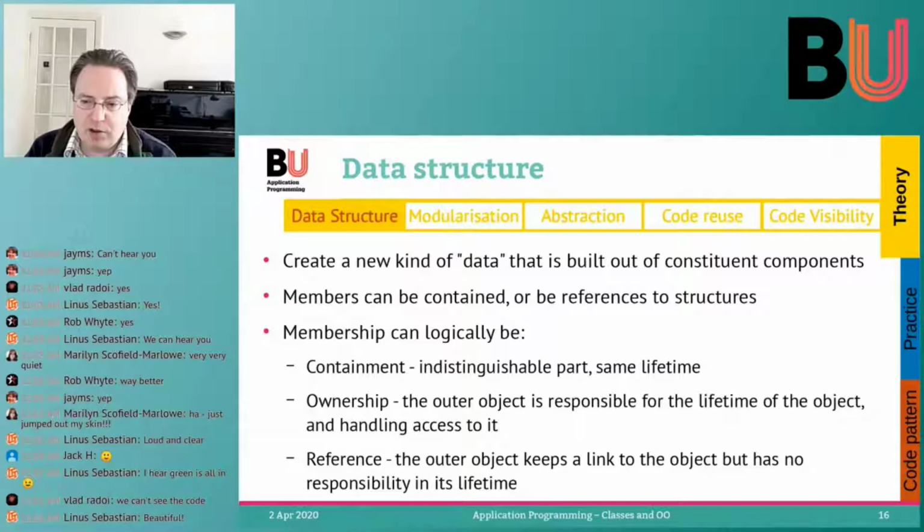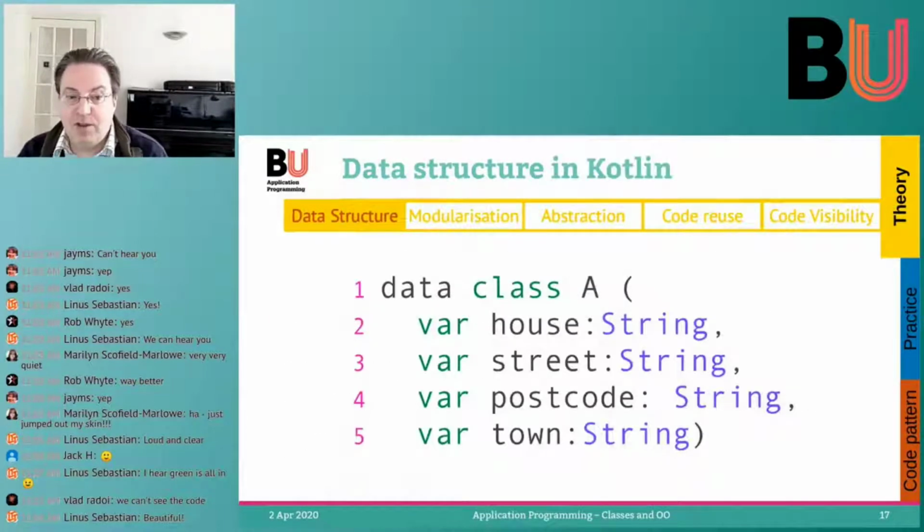So a data structure is basically just something where you group data together. It's fairly simple, and it is where you look at how this data works together and how it is structured. An example of such a thing would be, and this is in Kotlin, a data class.